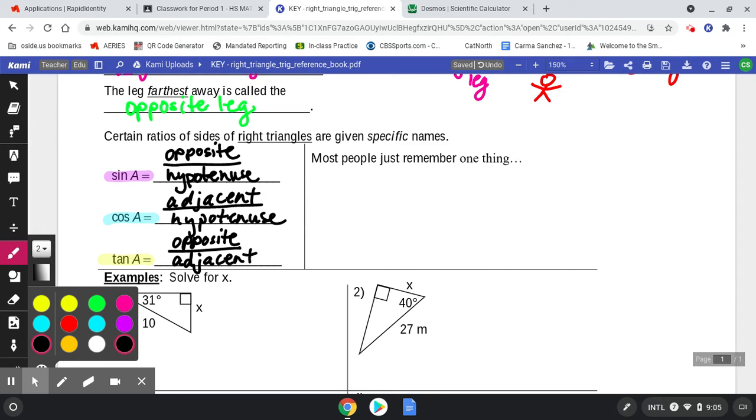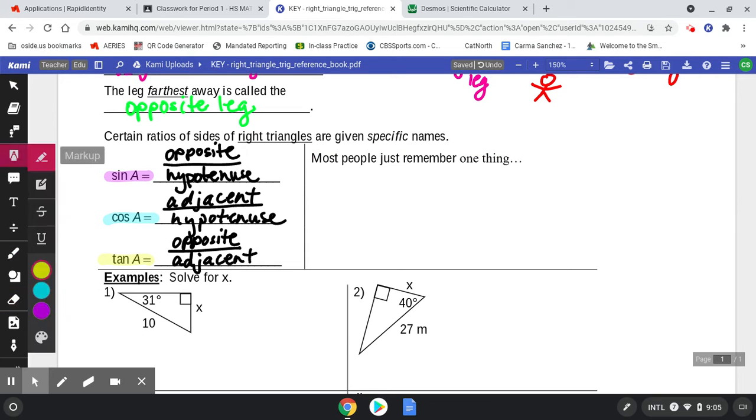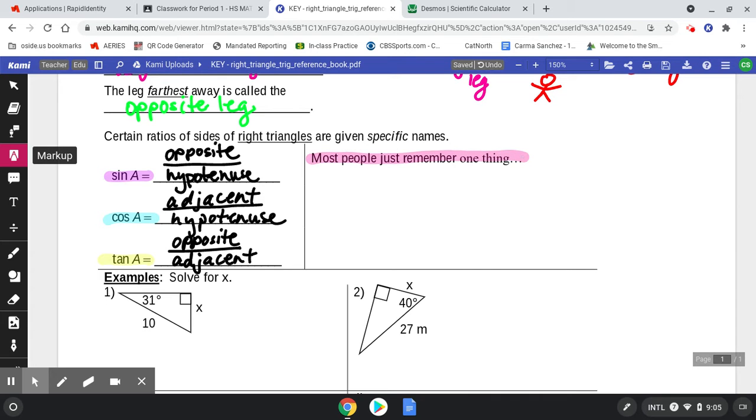Okay, so most people just remember one thing. This is a little shortcut to remembering the names, and we call this Sohcahtoa. People write Sohcahtoa down at the top of their paper to help them remember which of these trig functions has which ratio.